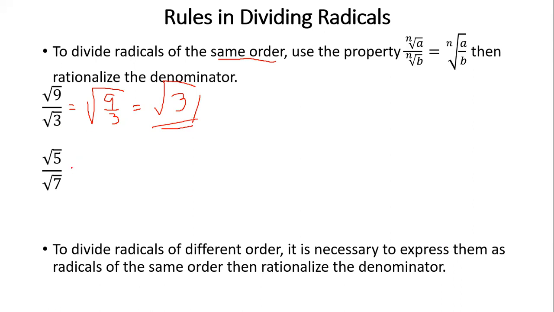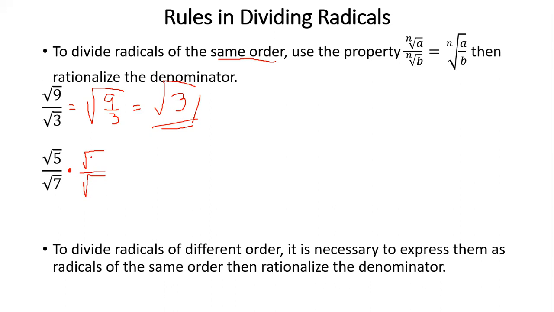Dito po sa pangalawang example, dito po tayo magkakaroon ng medyo review doon sa topic natin last time, which is all about rationalization. Remember that in rationalizing radicals, kino-consider po natin dito yung denominator. So dapat po mawala po yung radical symbol dyan.